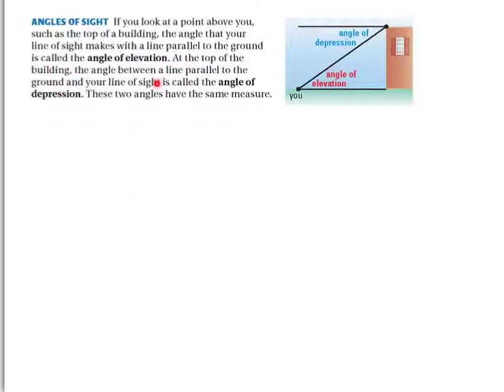At the top of the building, between a line parallel to the ground and your line of sight is called the angle of depression. So if you're standing on top of the building looking down, that is called the angle of depression. Those two angles always have the same measure because if you remember from geometry, those are alternate interior angles. Okay, so you need to know these for word problems.